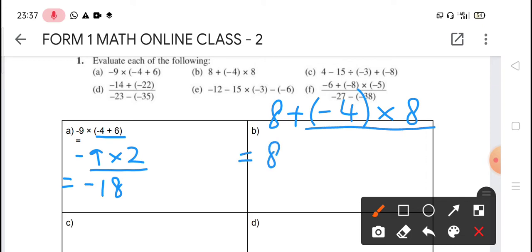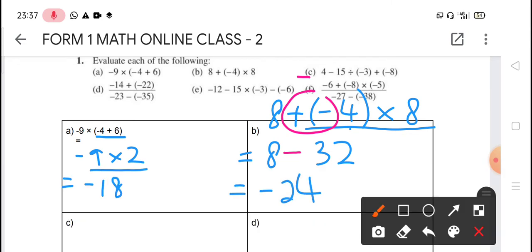Okay. So 4 multiply 8, we get 32. Here we get positive negative. Positive negative 两个合并一起，不同的符号就会拿到 negative. Still remember? Different symbol we get negative. So here minus. Okay, so answer will be negative 24.